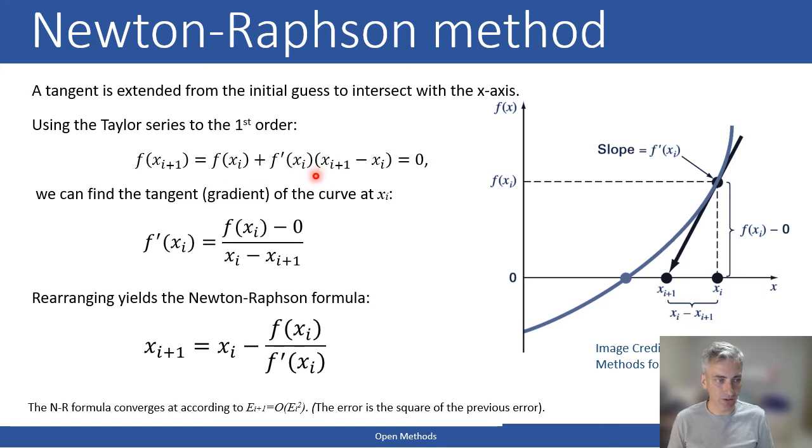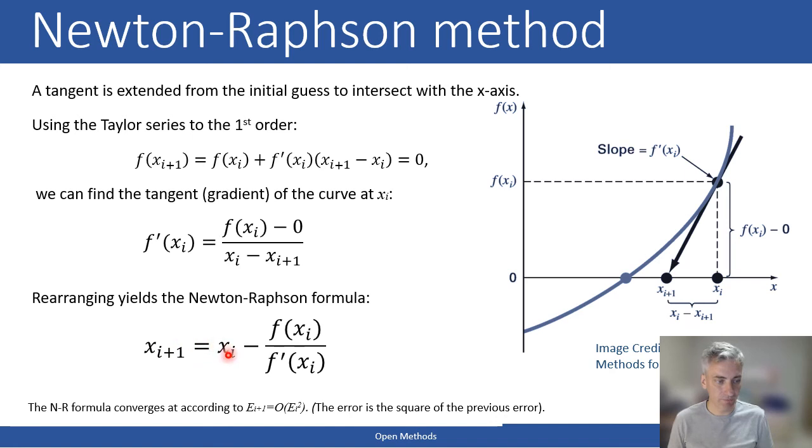So we start with the Taylor expansion. We've rearranged it here to show what the gradient would be, and of course we're evaluating this function at 0. So f of x i plus 1 is 0 just here. That's why this is 0, because we want to find a root, and the root is at 0. So we put this into here, and then rearrange again, and then we can rearrange for x i plus 1, which is the next value of x.